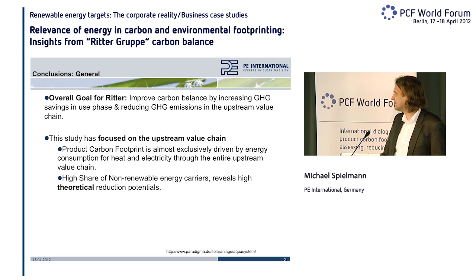And what we also have seen is a high theoretical reduction potential. Almost 90% comes from non-renewable energy sources. That means we have that huge reduction potential. It's important not just for Ritter, but it also demonstrates what we heard before: we can still significantly reduce carbon footprints.